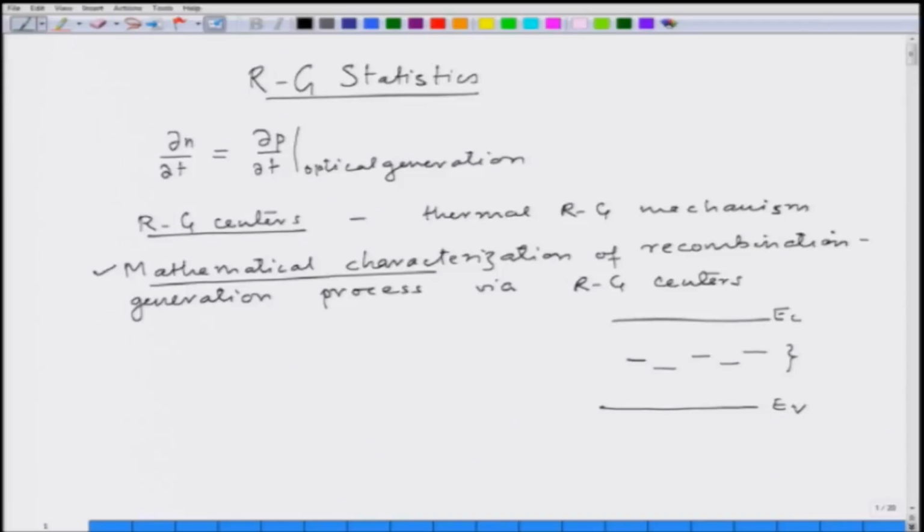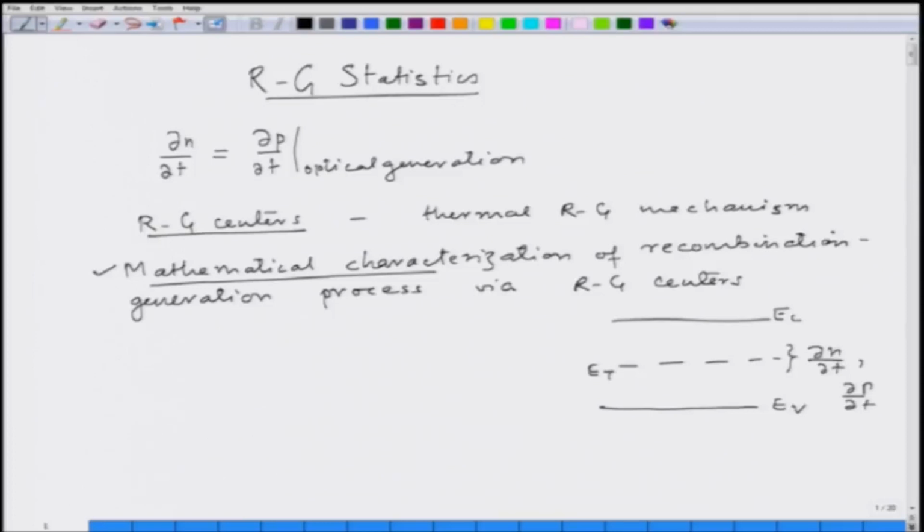How does it affect the change in carrier concentration, delta n over delta t or delta p over delta t, is what we would like to find. So, to simplify things, first let us assume not a large number of mid gap states, but maybe one single type of trap at a given level E t, and let us see how we can incorporate the behavior of this trap in the RG statistics.